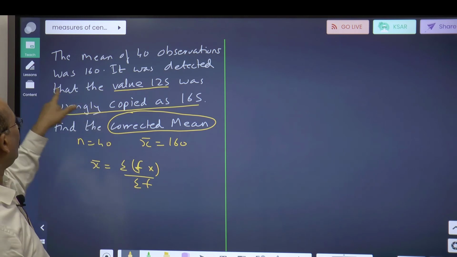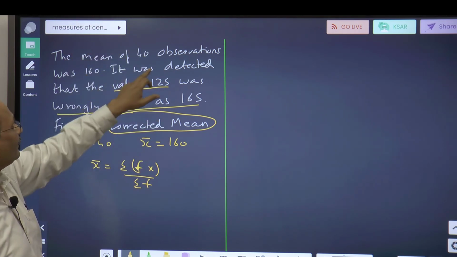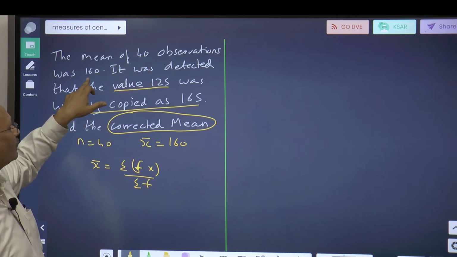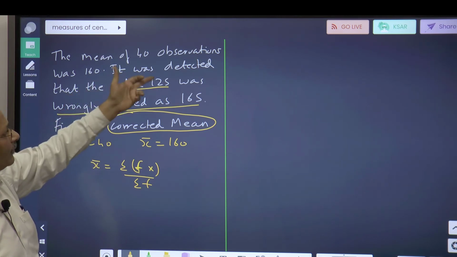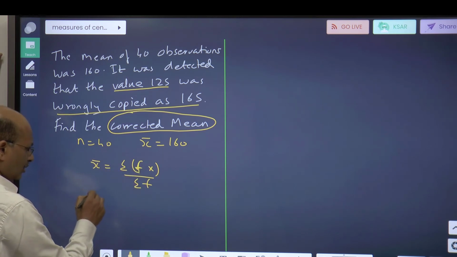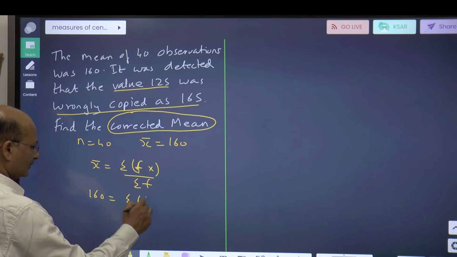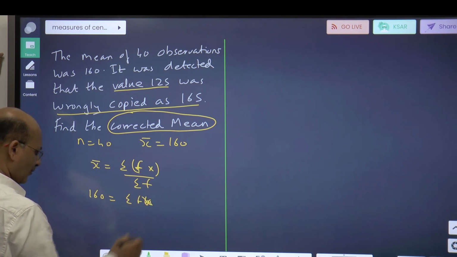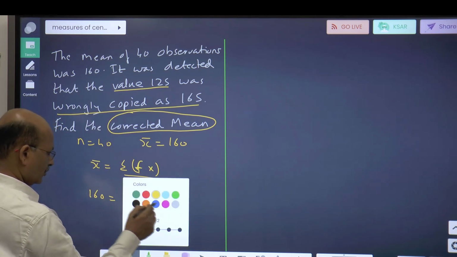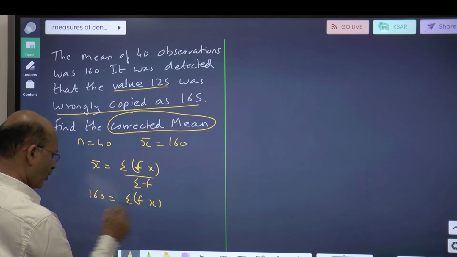Because fx means f into x, one of the values was 125, but instead of that I took 165. So x bar is 160, equal to sum of fx upon sum of f.